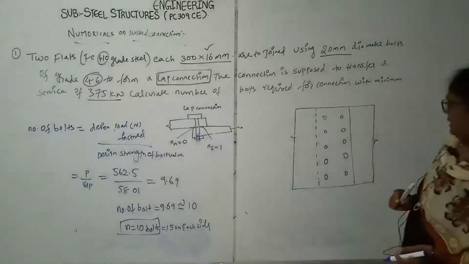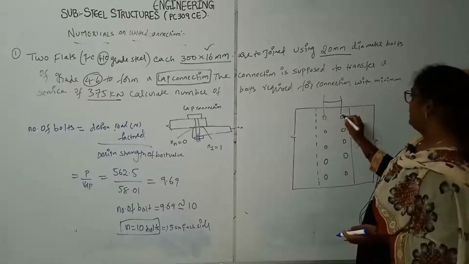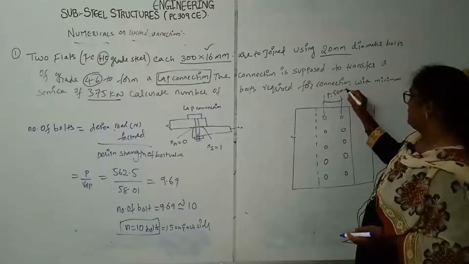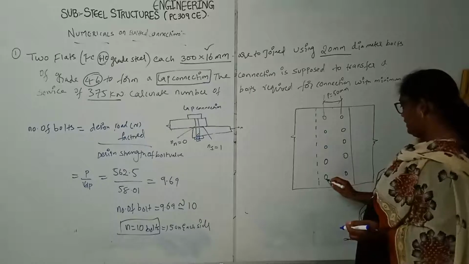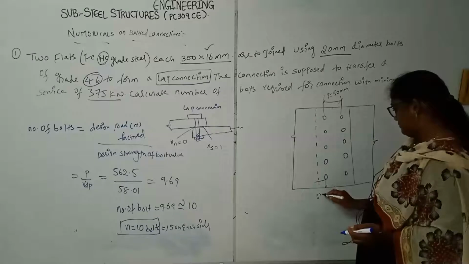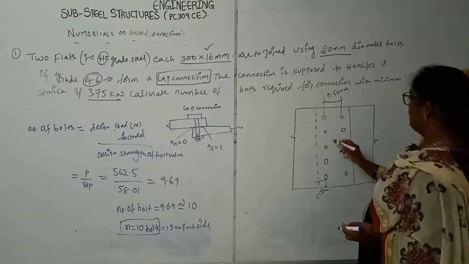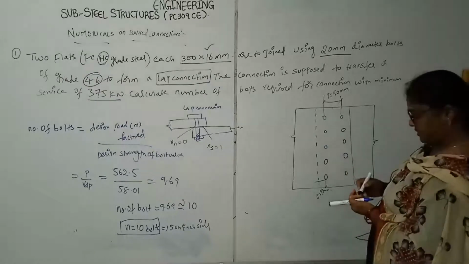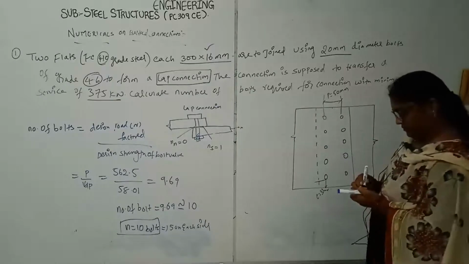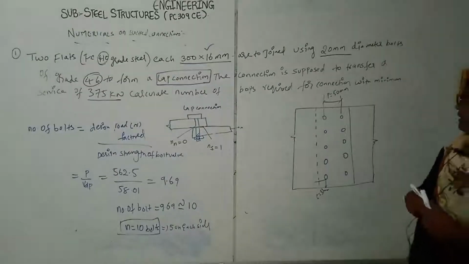So right here I have placed all 10 bolts, 5 on each side. This will be your pitch distance, that is 50 mm. This will be your edge distance. The number of bolts is this much, and we have the load of 562.